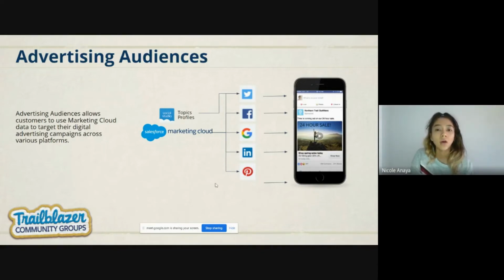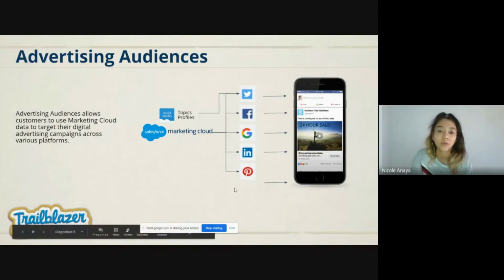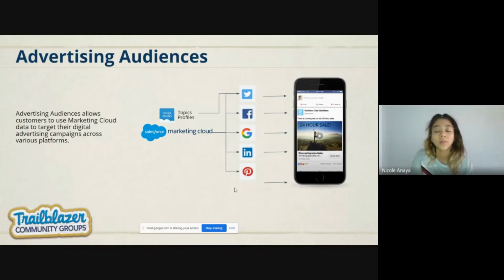And also, for example, if you have any specific information about other channels, for example, someone that received a push notification or someone that opened another email, all that information you will be able to pull from Marketing Cloud to all these advertising platforms in a really easy way.